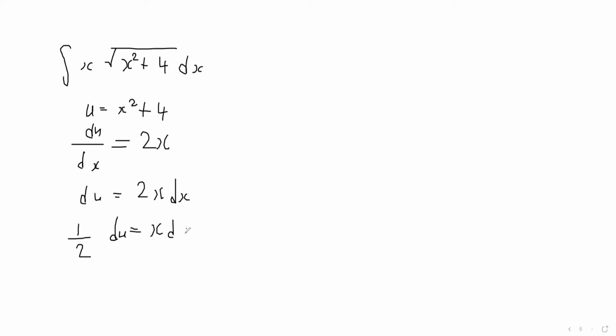So if a half du equals x dx, what we end up with is the integral of the square root of x squared plus 4, and now look what I'm going to do. I put my x dx together as one thing.